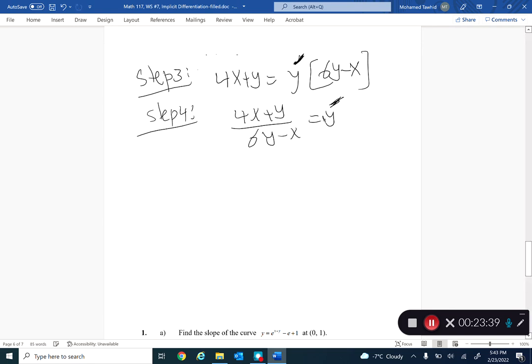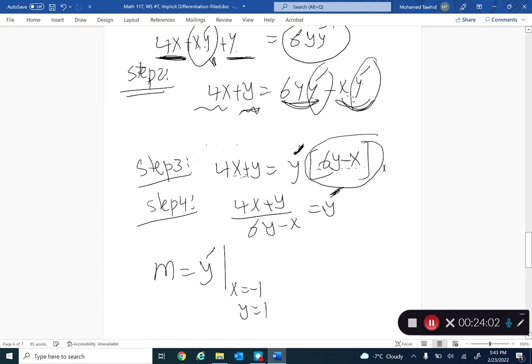So that is a coefficient here, the bracket. I'm dividing both sides by 6y minus x, and you get y prime. So what is our goal? Our goal is to get the slope, which is y prime, when x equals negative 1 and y equals 1.